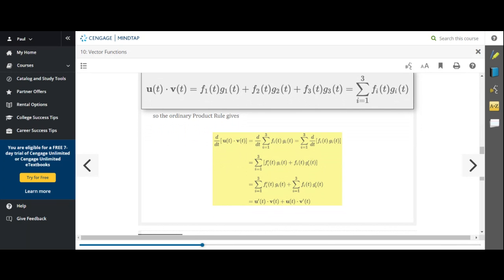So now hopefully you appreciate the rule. How many think that's a pretty cool rule?